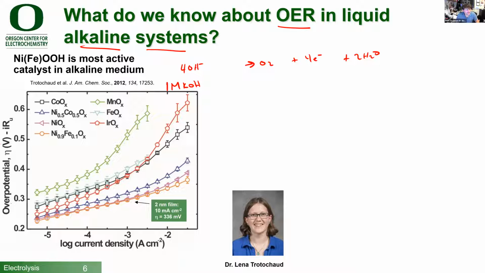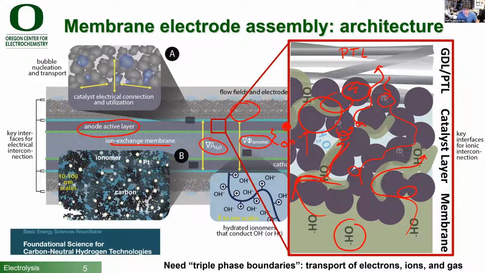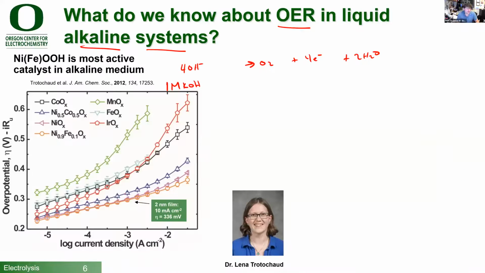And we want to understand what is known and how these results from these liquid measurements apply to more complicated systems like this, where you have, for example, mobile hydroxides in a solid ion conductor, and you don't have liquid KOH electrolyte. So here's some of the data we've collected over the last 10 years. We found a lot of interesting things.